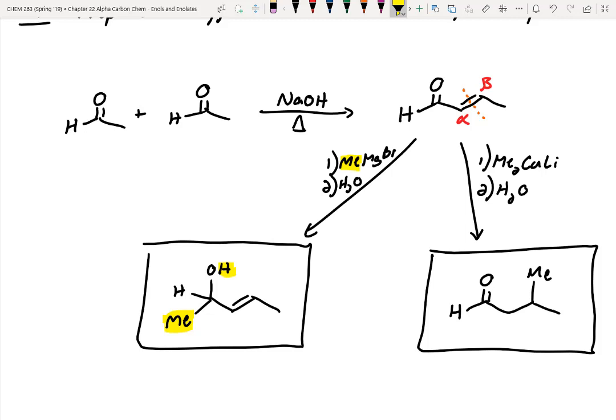So now if we think about it, this would be position 1, that would be position 2. This would be a 1,2 addition. Does that make sense? If we compare it over here, this would be 1,4 addition.